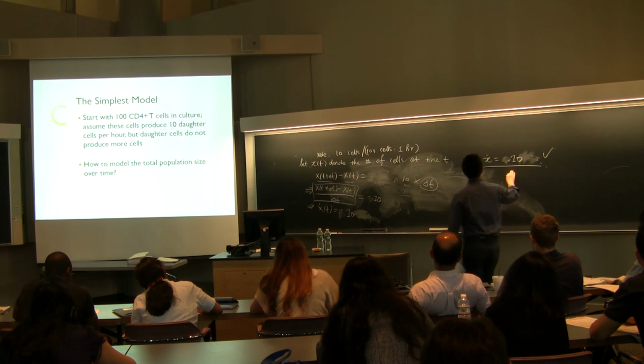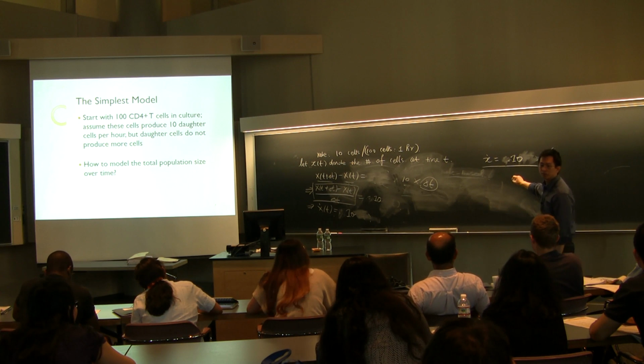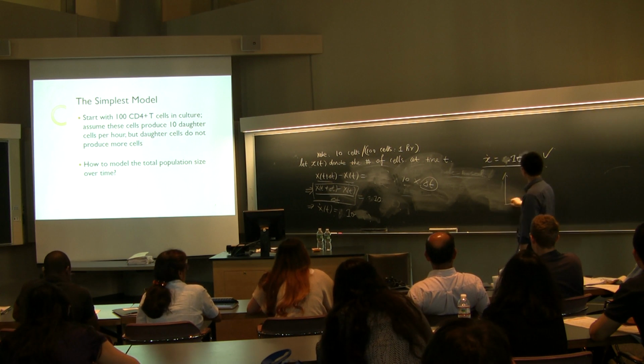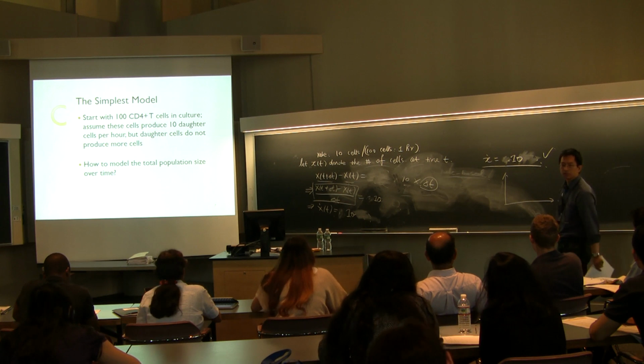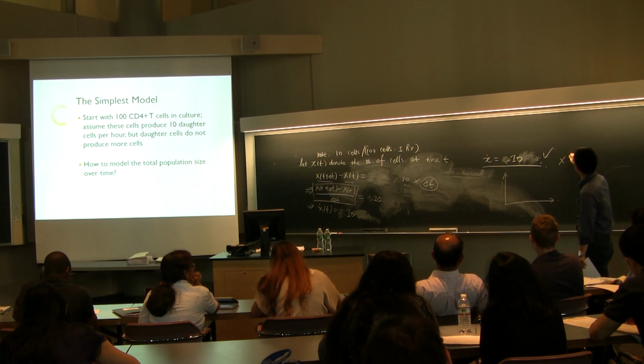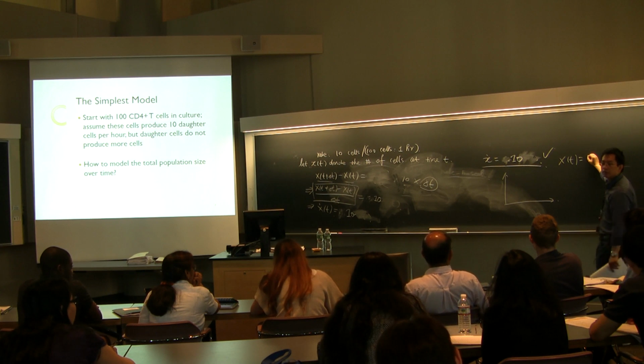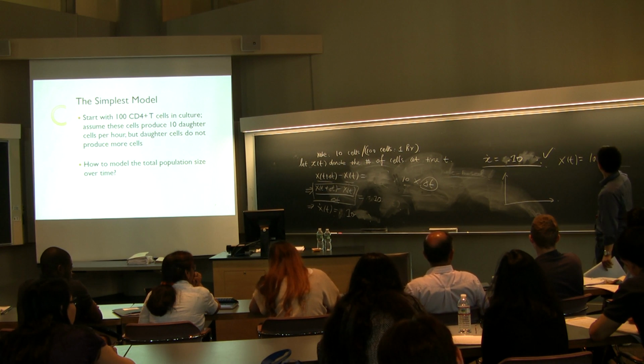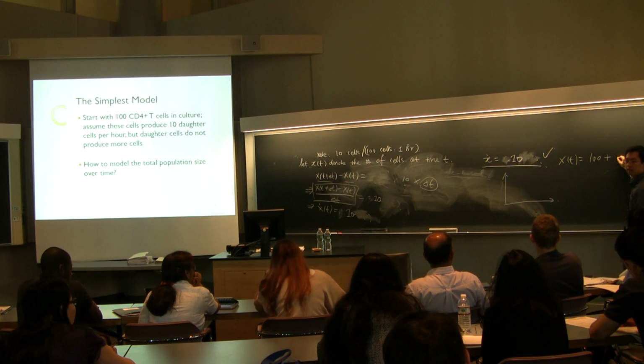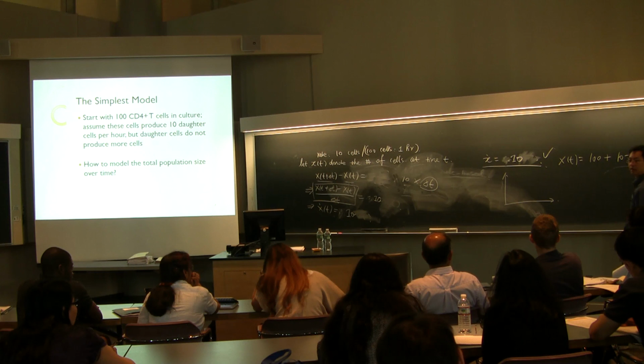So what's the solution of this one? You don't need a numeric solution. This one actually has an analytic solution. xt should be equal to the initial number of cells, plus 10 multiplied by time, right? This is your solution.